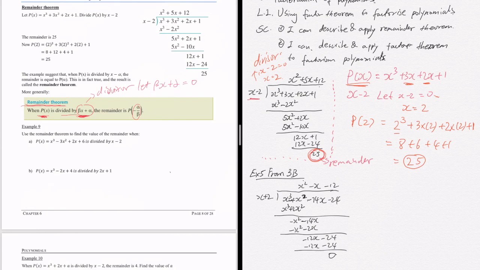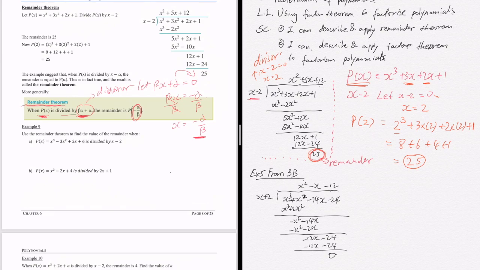If I move alpha to the right hand side, beta x will be equal to negative alpha, and then I divide by beta on both sides, and that cancels out, so x will be equal to negative alpha over beta. That's where negative alpha over beta comes from. After you get this, you substitute this negative alpha over beta back into your polynomial function, which is the dividend, and the number that you get is your remainder.